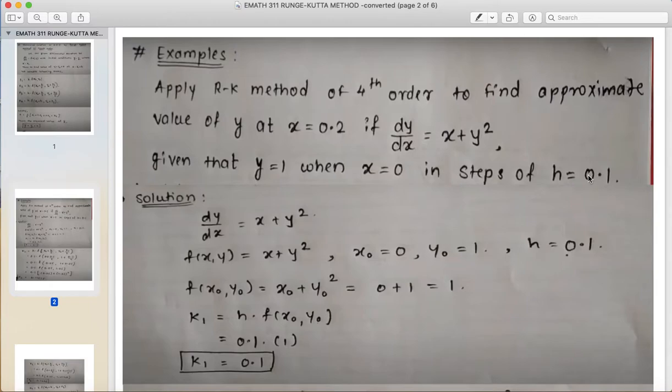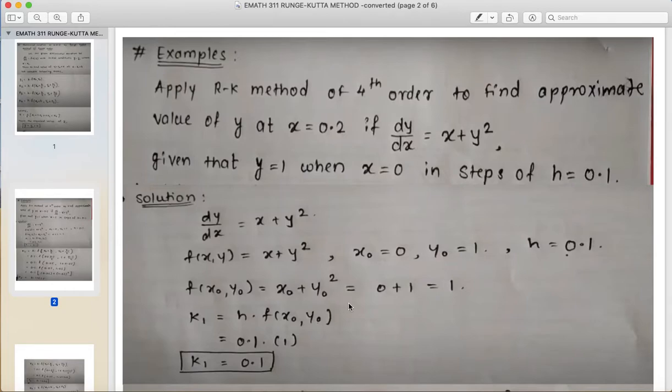So now we have to find y at x with the value of 0.2. This is the question here, so let's apply the Runge-Kutta method of fourth order. We need a solution here. Supposedly, we need to find f of x naught and y naught, which equals x naught plus y naught squared.